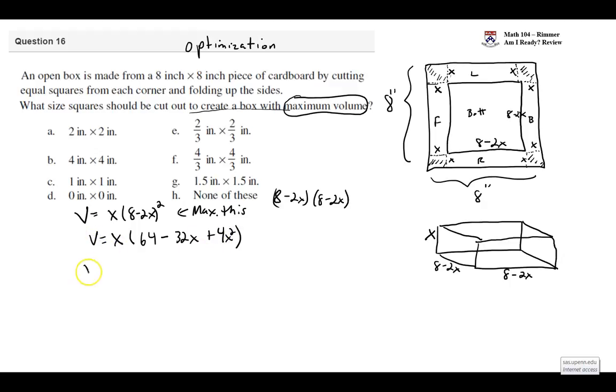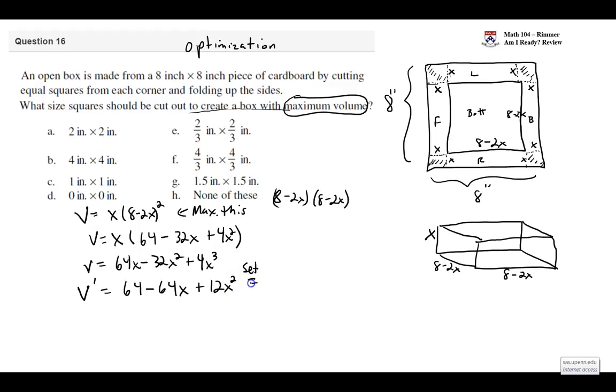And so 64x minus 32x squared plus 4x cubed will be your volume based on x. Nice formula. The derivative of that would be 64 minus 64x plus 12x squared.